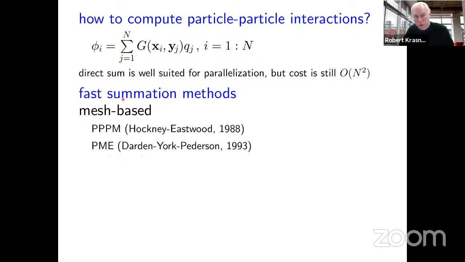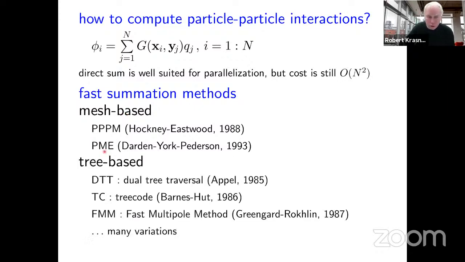There are a number of fast summation methods. There are mesh-based methods, and there are tree-based methods. I'm going to focus on the tree-based methods. In particular, I'm going to focus on a tree code, although we use elements of all three of these right now.